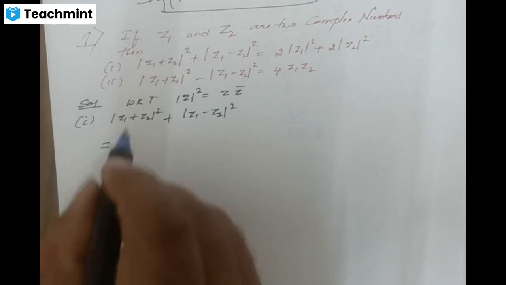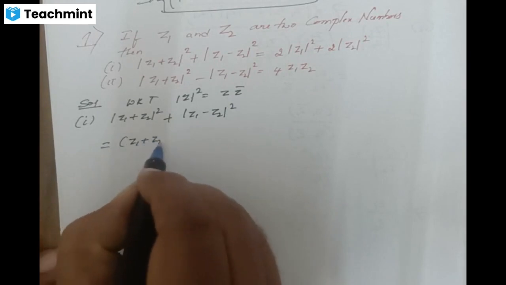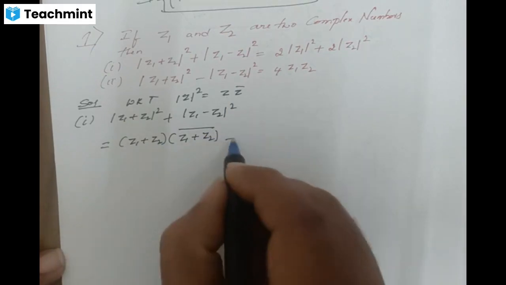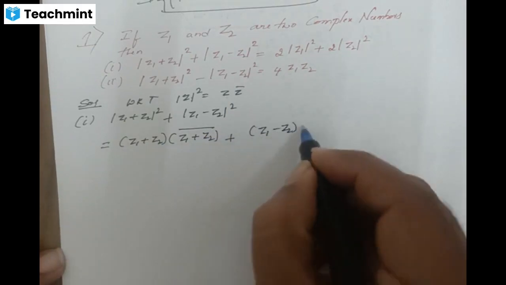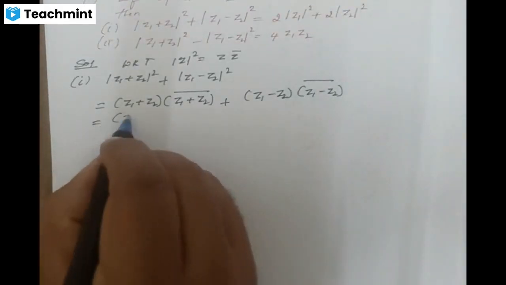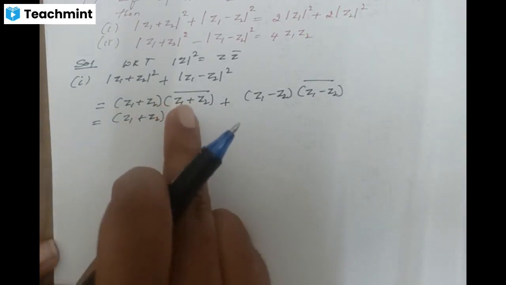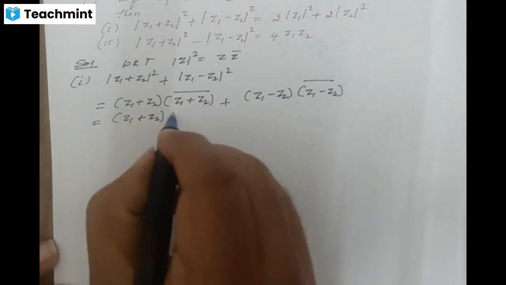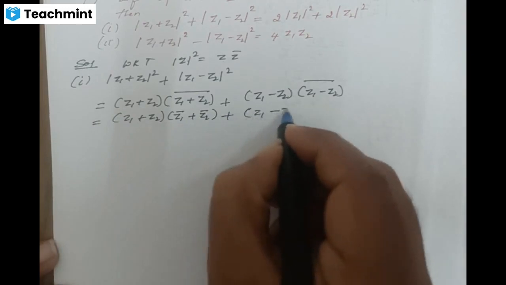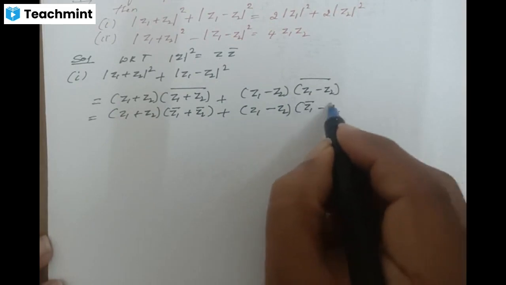This is equal to Z1 plus Z2 into Z1 plus Z2 whole bar, plus Z1 minus Z2 into Z1 minus Z2 whole bar. Using the property, Z1 plus Z2 whole bar is Z1 bar plus Z2 bar. Similarly, Z1 minus Z2 whole bar is Z1 bar minus Z2 bar.